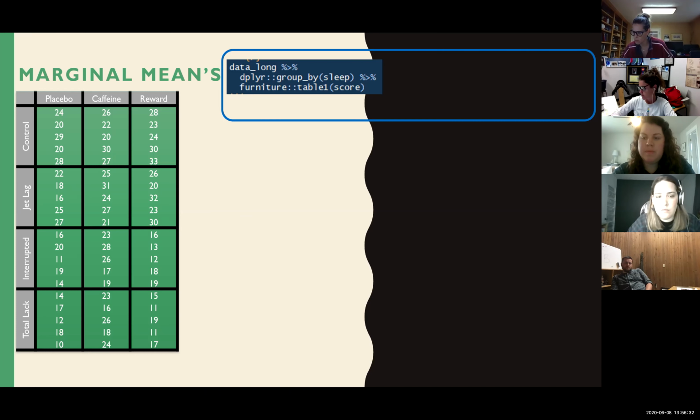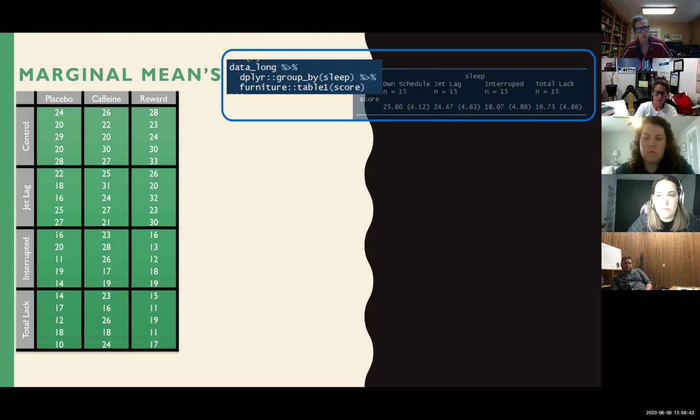So up here at the top, I've started with the name of my data set. I've grouped by sleep, that's one of my variables, and I did a table of my scores. That will give me descriptives for each sleep group. So if we look at those averages, are those what you would expect? The own schedule, average score was 25.